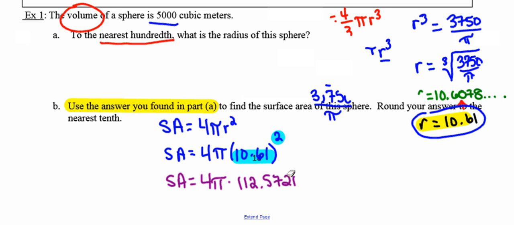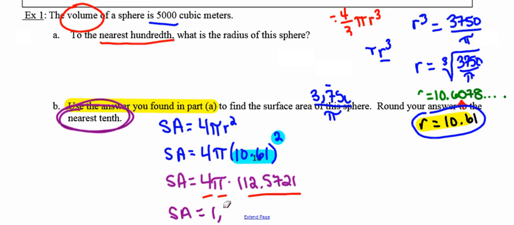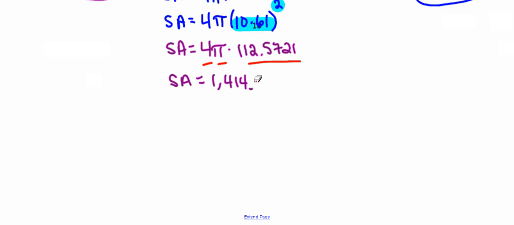So I end up with 4 times pi times 112.5721. And now, since it's asking us to round our answer to the nearest tenth, I'm going to get out my calculator and type in 4 times pi times 112.5721. When I plug it into my calculator, I end up with, for the surface area, 1,414, and then a whole bunch of decimals.